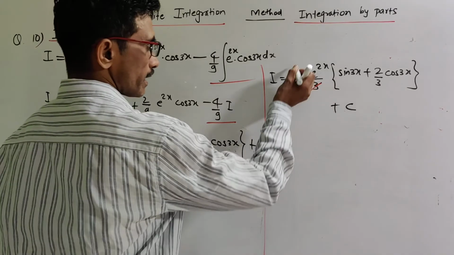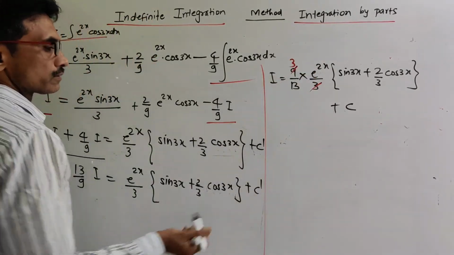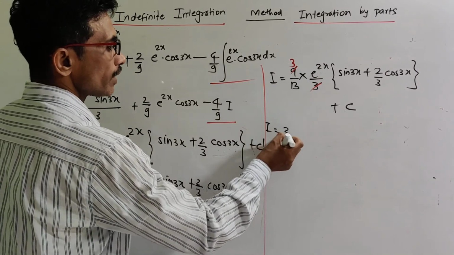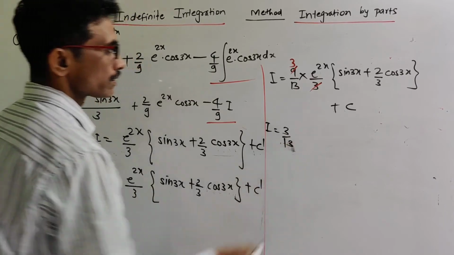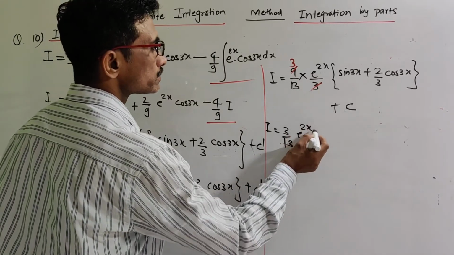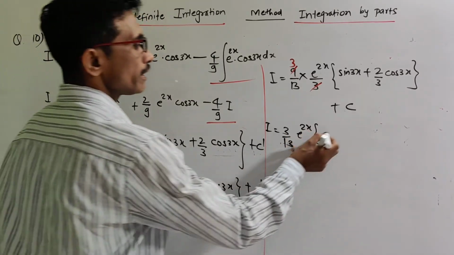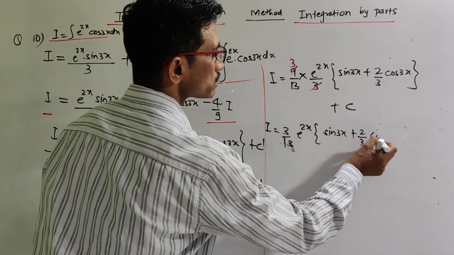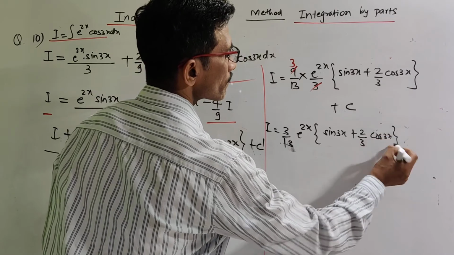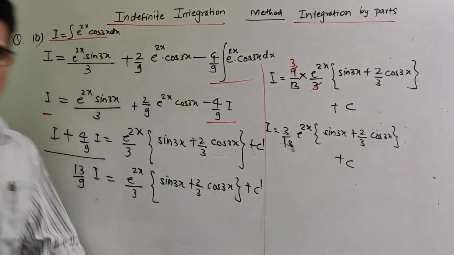This 3 is getting cancelled. So the required integral is 3 by 13 e raised to power 2x into sin 3x plus 2 by 3 cos 3x, and plus c, constant of integration.